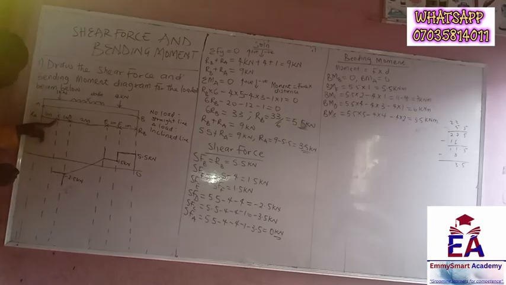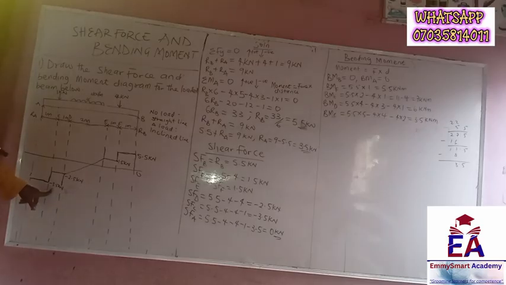And then at point C, we now had minus 3.5 kilonewton. So move down, minus 3.5 kilonewton. And then at point C, it maintained it up to point A. So at point A, we still have minus 3.5 kilonewton.